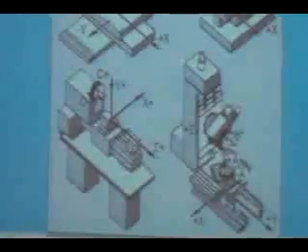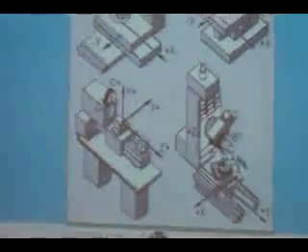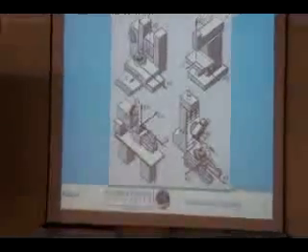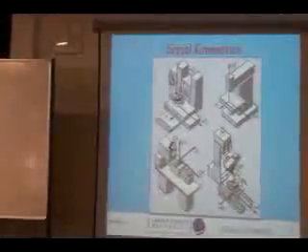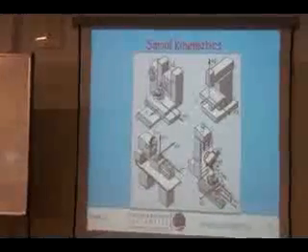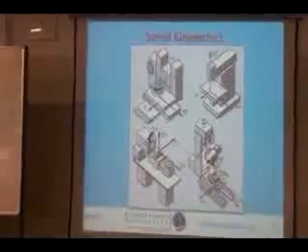This is called serial kinematics. This type of machines you would have seen everywhere. Have you seen any of these machines already? Lathe. Okay, we'll take the lathe. It is easy.